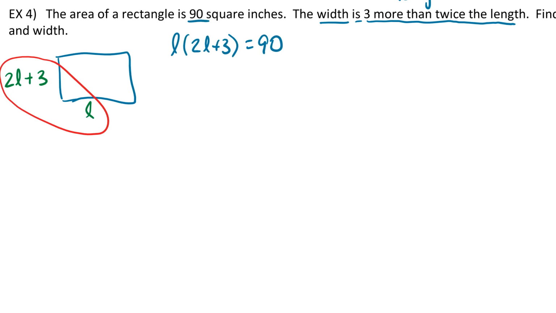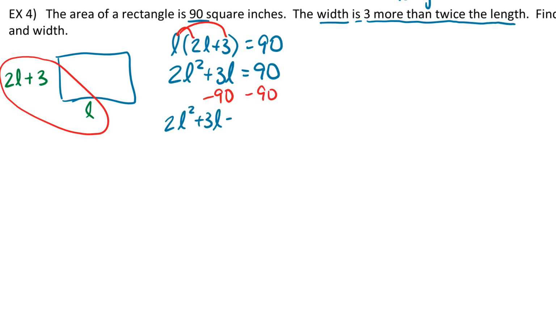So we go and distribute. So it's going to be 2L squared plus 3L equals 90. Subtract 90 from both sides. We get 2L squared plus 3L minus 90 equals 0.